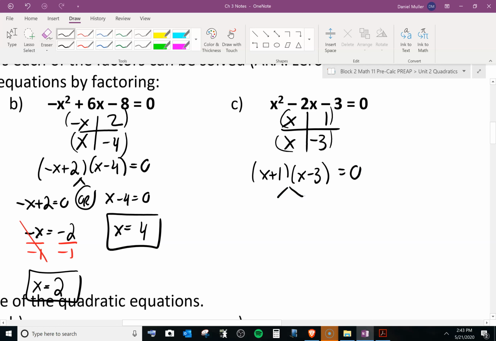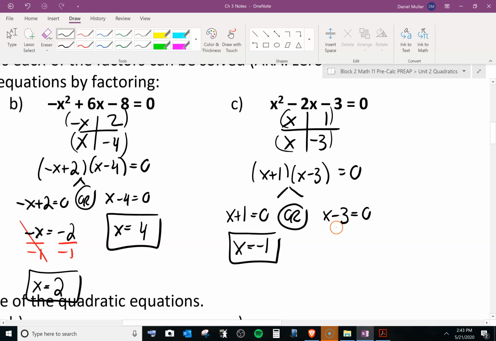So I can create two equations. I've got x plus 1 equals 0, or I can have this bracket, x minus 3 equals 0. For this one, I can minus 1 from both sides, and you'll get x equals negative 1. And here I can add 3 to both sides. Those would cross off, and I got x equals 3.